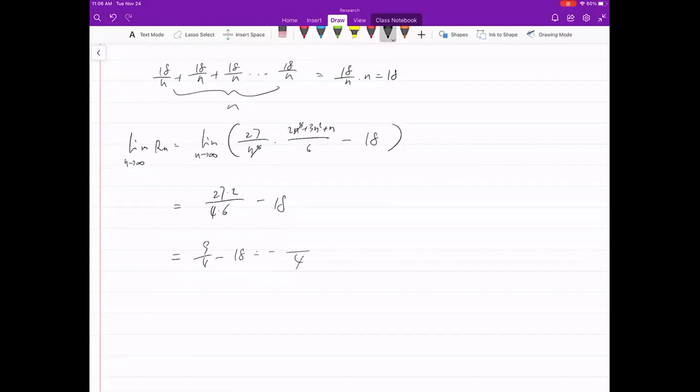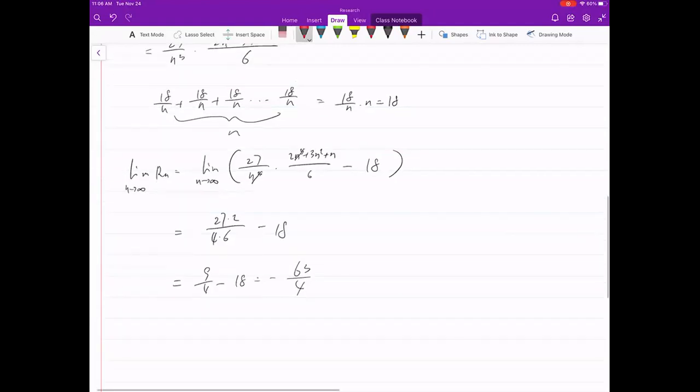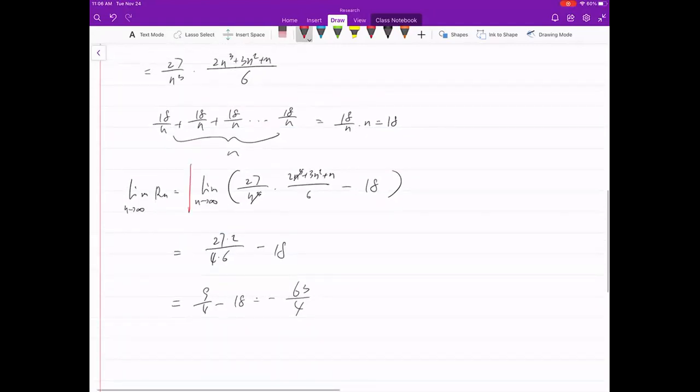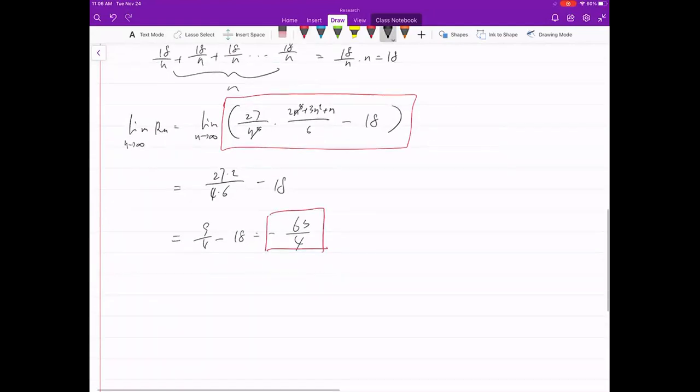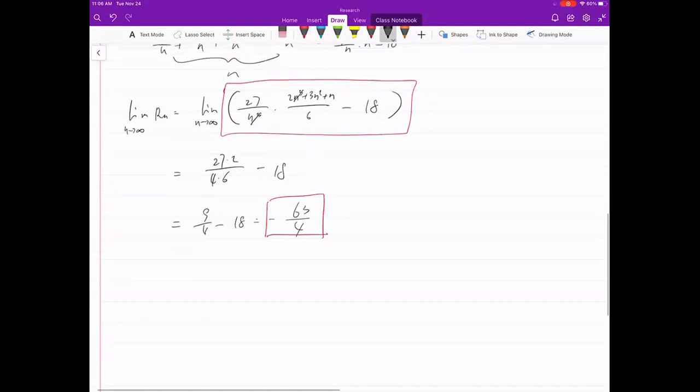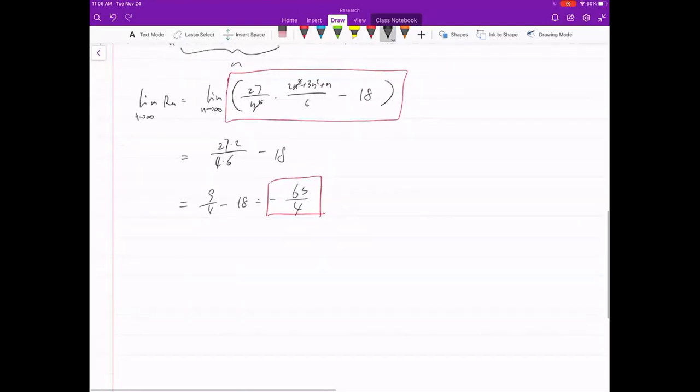Negative 72 plus 9, negative 63 over 4. Okay, that'll be right. So this is your Rn, and this is your final answer when you take n goes to infinity. Again, it's a long process.